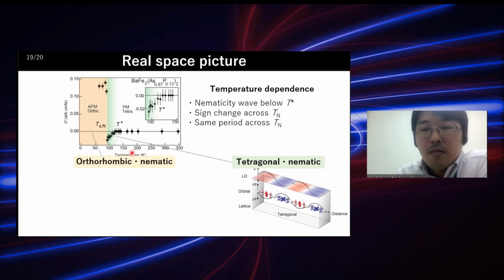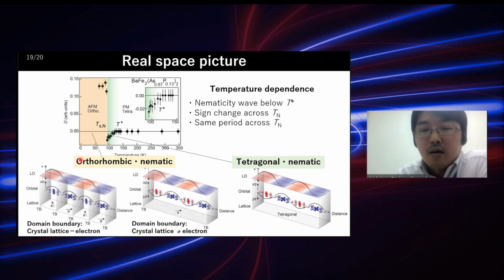Below TN, we observe the sign change of the stripe patterns. And in this case, the lattice is orthorhombic and the electrons are nematic. And now we can discuss two kinds of real space pictures depending on the domain boundaries.